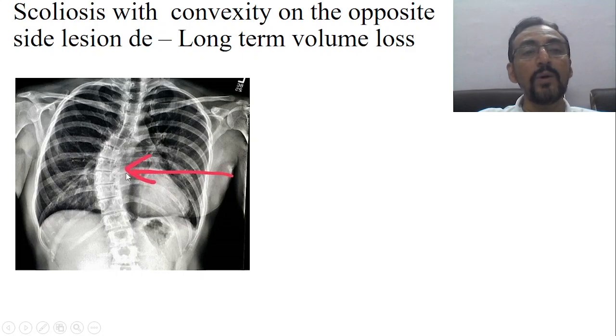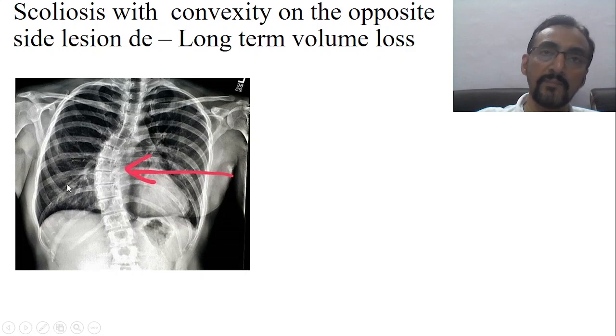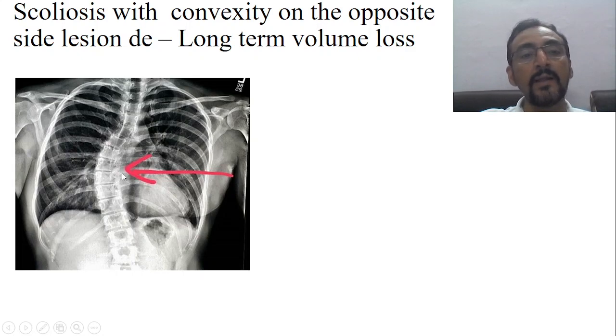So now if you see why this scoliosis happens, the cause of scoliosis is scoliosis with the convexity on the opposite side of the lesion. Okay, opposite side of the lesion. So that means here its convexity has come here, and this lesion is the lesion on the opposite side. That means if there is volume loss on the right side, if there is more volume loss, then this will be pulled inside, and that leads to scoliosis. Okay, so this usually happens in case of long term volume loss. When there is a long term volume loss, this type of problems will be there.